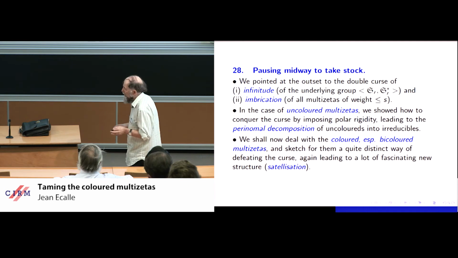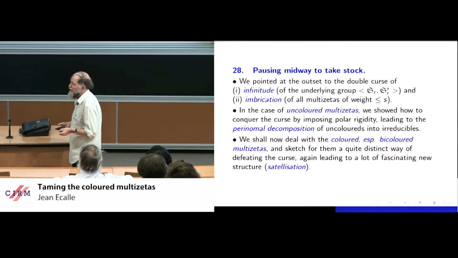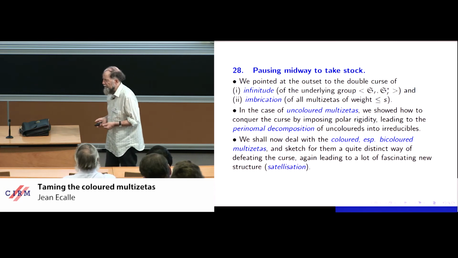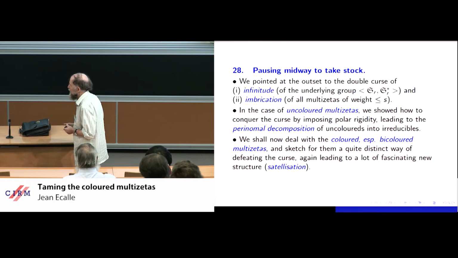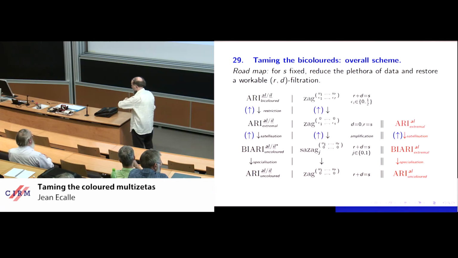And in the case of the coloreds, and also the multicoloreds, well, I'll discuss only the bicoloreds, there is a new, absolutely different technique, whose salvation comes from a new technique, which also brings in its wake a lot of very interesting structure. So it's doubtful whether I can explain it in detail, but at least I can explain the overall scheme. There are 3 steps.